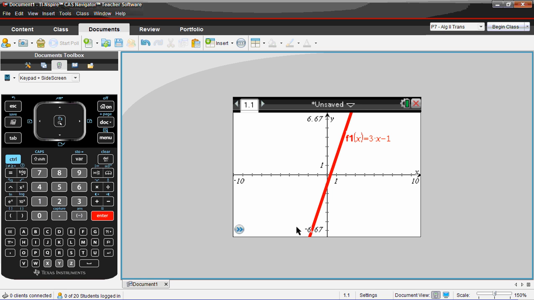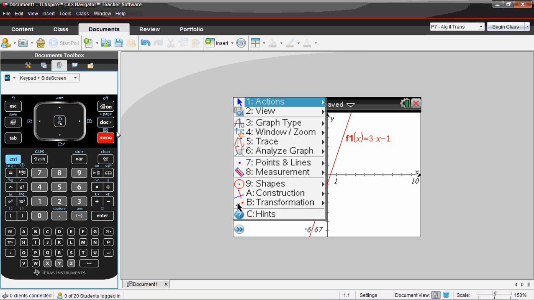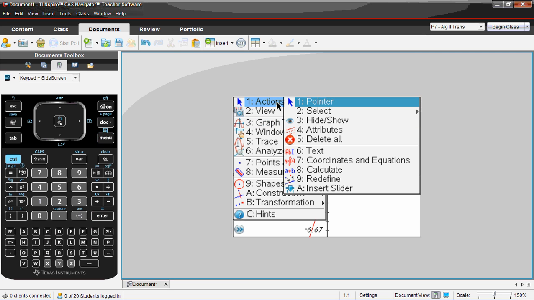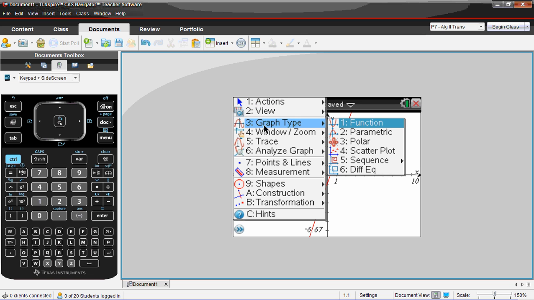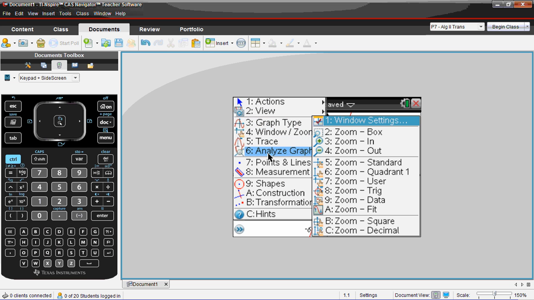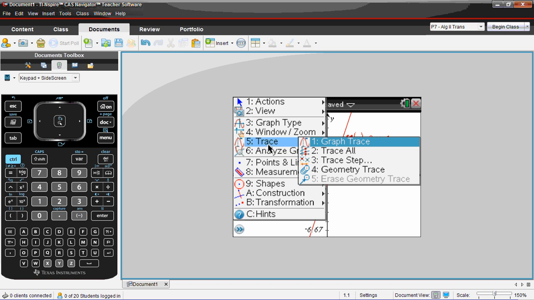Okay, the first point, I'm going to plot it and we'll find out, does that point fall on the line? Where's my point? Where's plot point? Oh, for crying out loud.